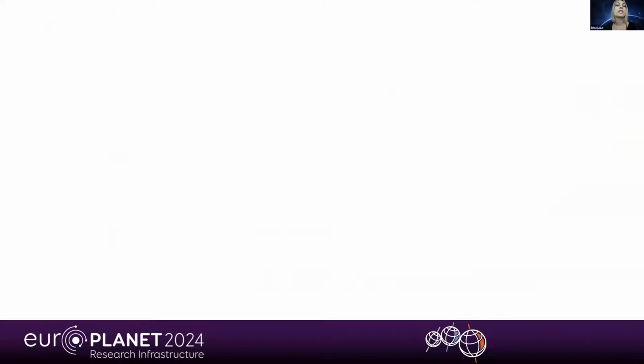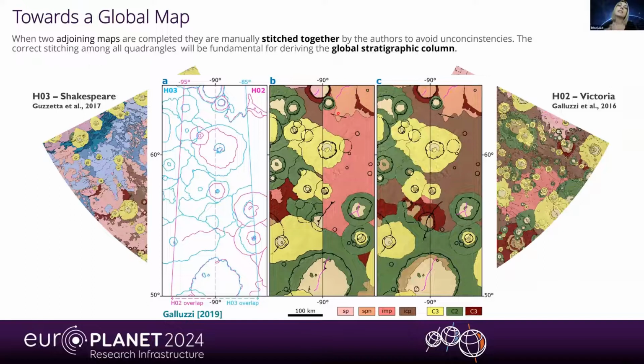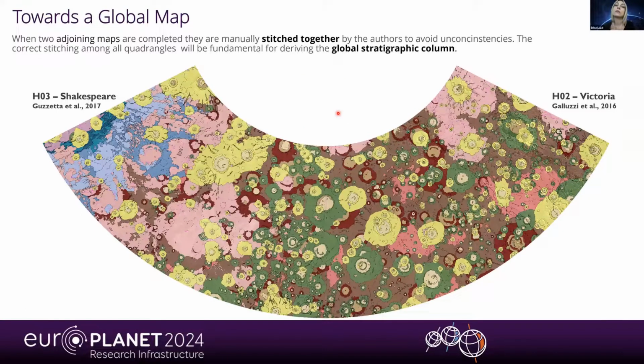So the first question is, why have you decided to use 3 degradation states in Mercury instead of 5?